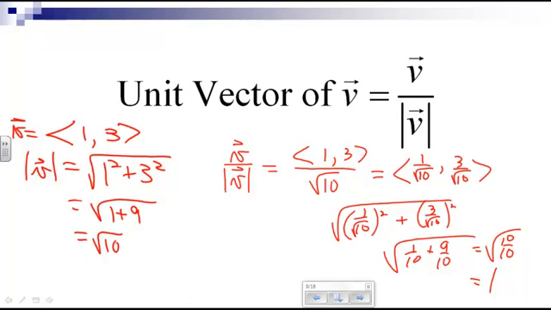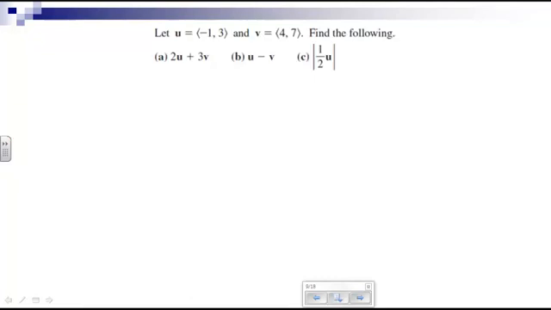All right. So let's do a little bit of vector magic on these two vectors. What do we mean by 2u plus 3v? It's 2 times what u is equal to, which is the vector negative 1, 3, and 3 times what v is equal to, which is the vector 4, 7.